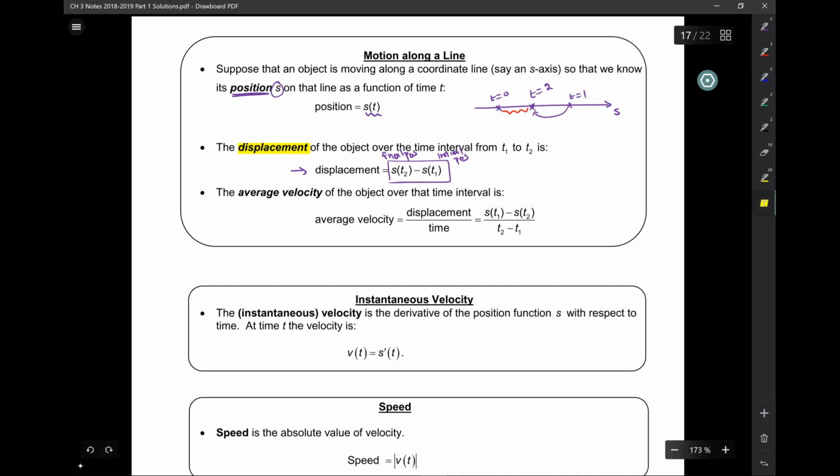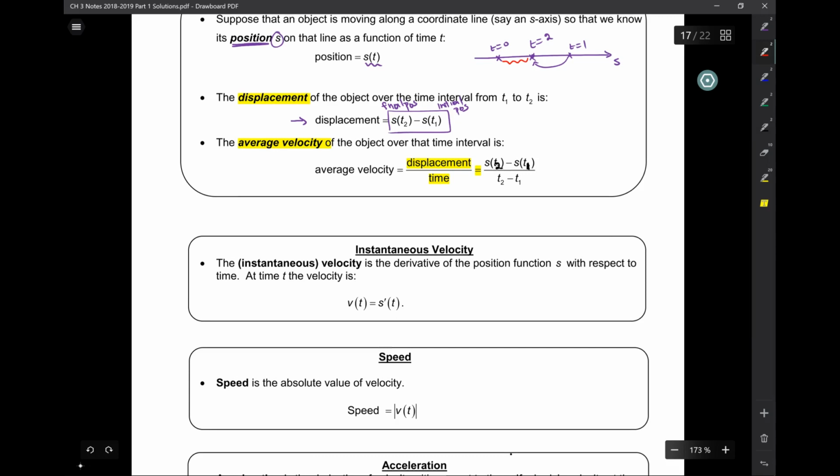Now, let's talk about average velocity. Average velocity, we know, okay, so we have to memorize this, right? Average velocity is total displacement over total time. So that, okay, there is a typo here. It's S of t2 minus S of t1 over t2 minus t1. And guess what?